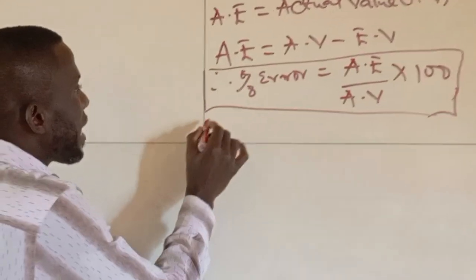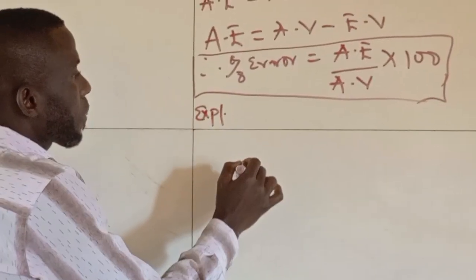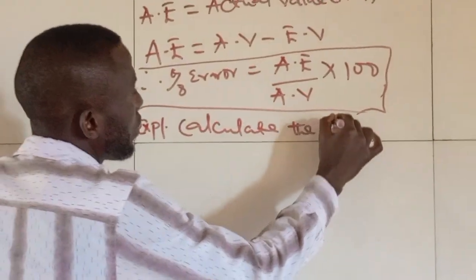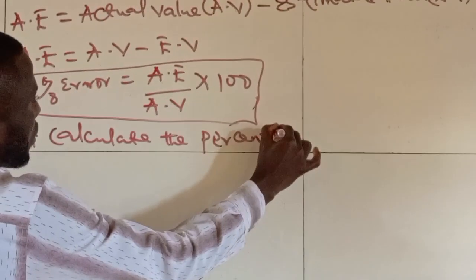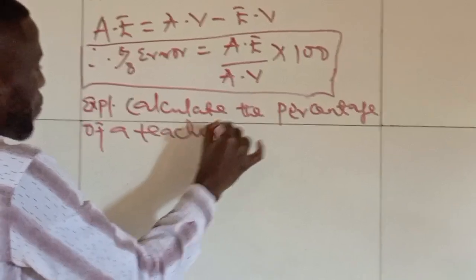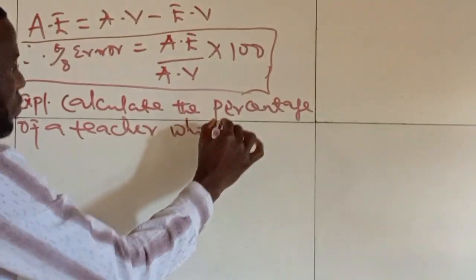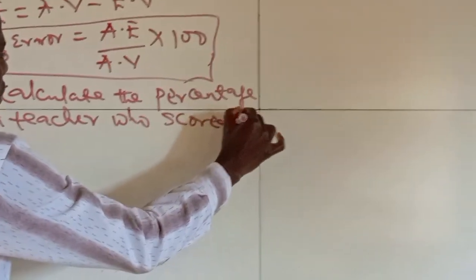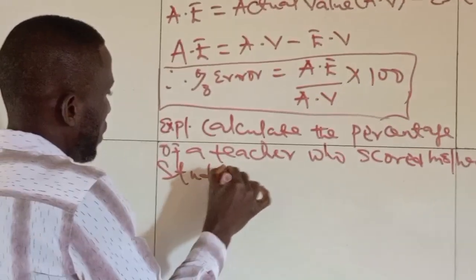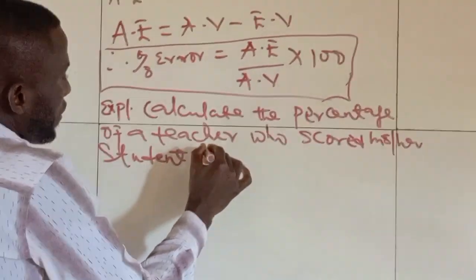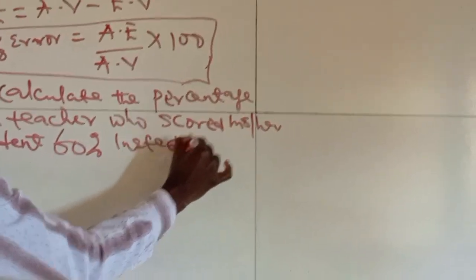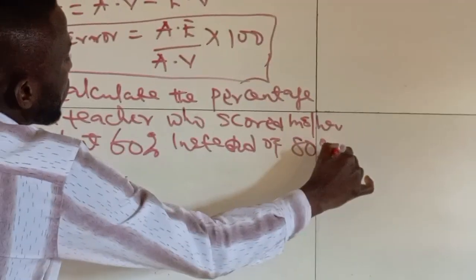Now, let's take an example. Example 1. Calculate the percentage error of a teacher who scored his or her students 60% instead of 80%.